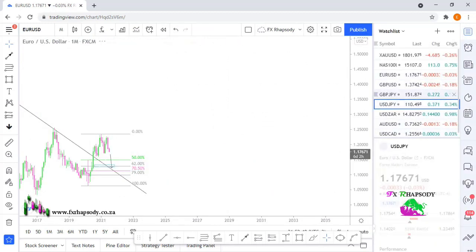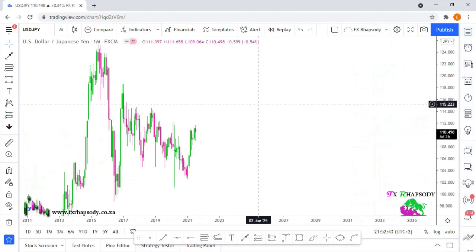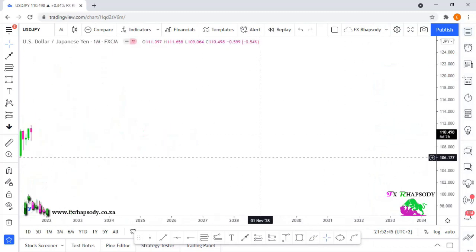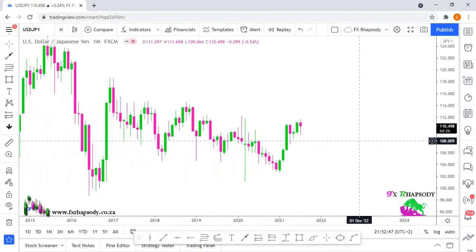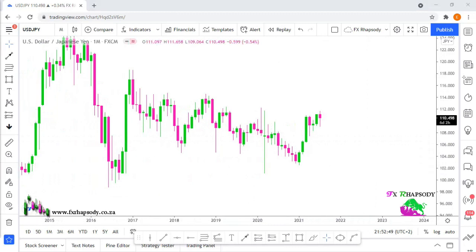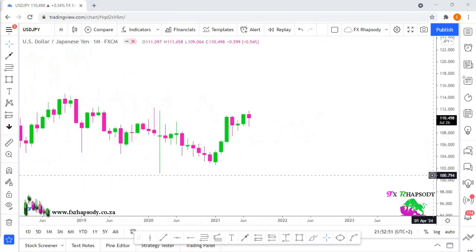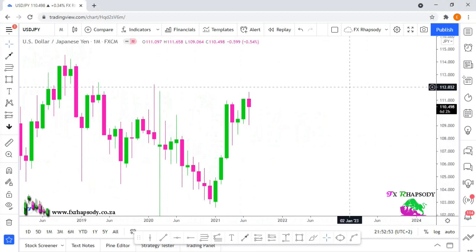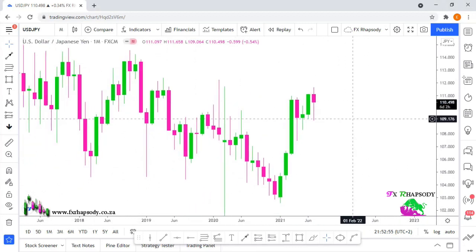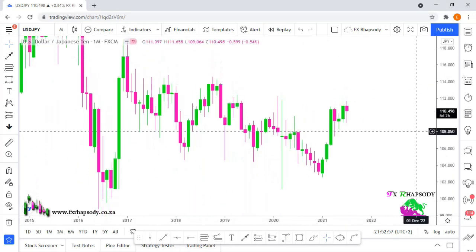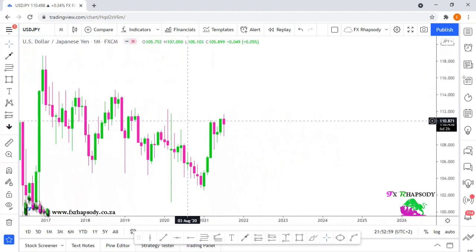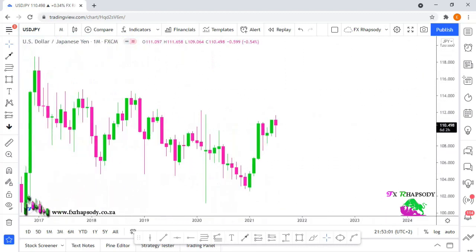Let's move on to the dollar Japanese yen. We don't need that far out, so we can just move it in slightly. There we go. Okay, so on this pair, let's just get it right. Sorry guys, there we go.